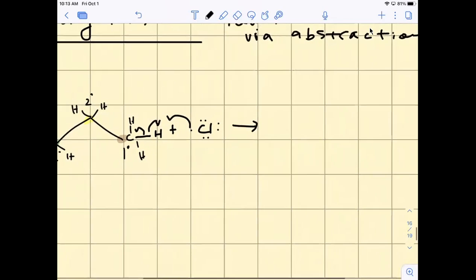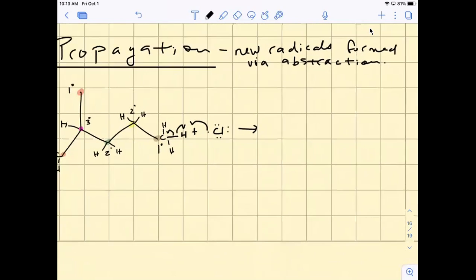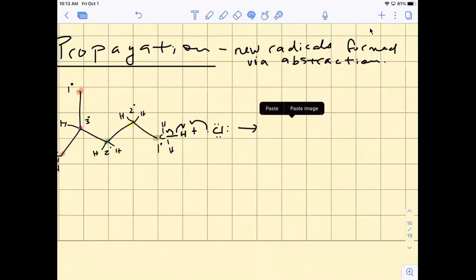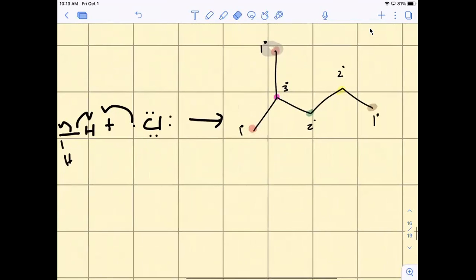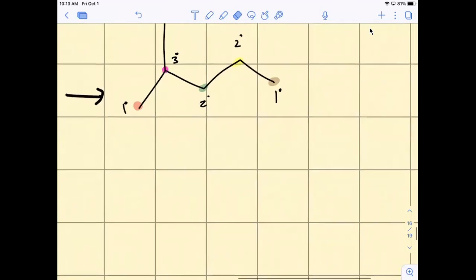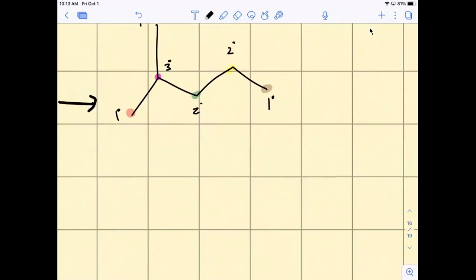That's going to give me a new radical, and I'm going to just paste this again. I don't feel like drawing it. All right, so it's going to be here. Like that.